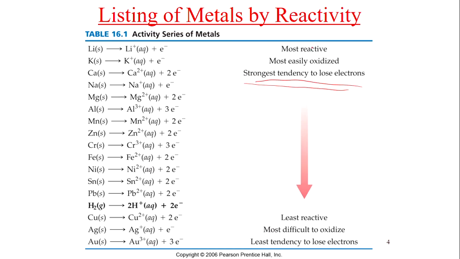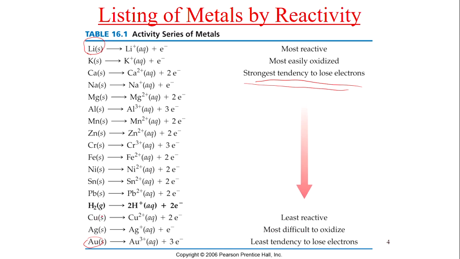So lithium on the top is the most reactive metal. It means it's going to lose electrons, and gold here is least active. It doesn't tend to lose electrons.